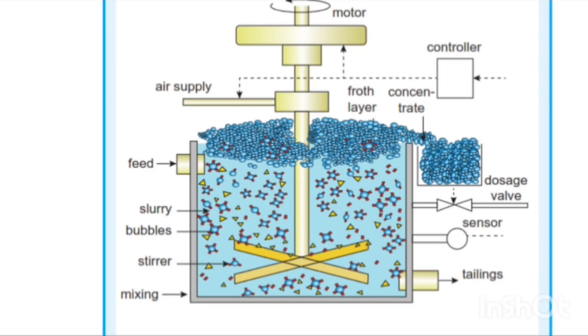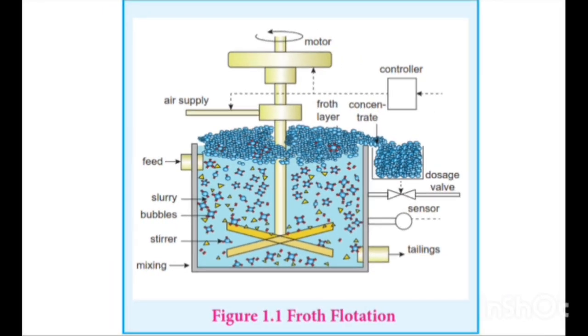The froth contains the sulfide ores. Only the sulfide ores can form froth, and the froth will be collected in a separate container adjacent to the main container, and the remaining gangue materials will settle at the bottom. Now this froth can be dried off to get the concentrated ore.